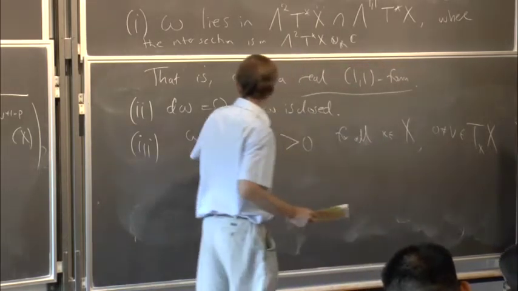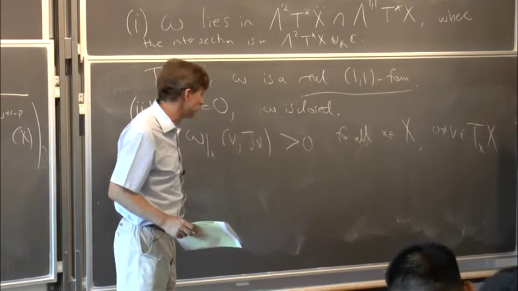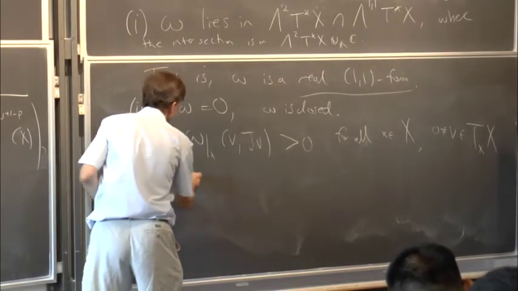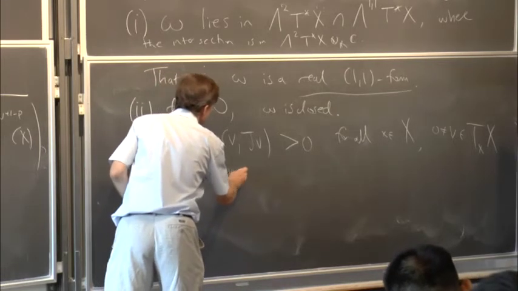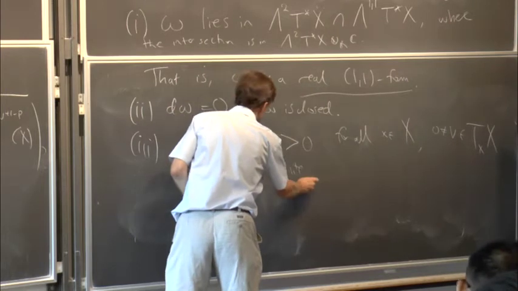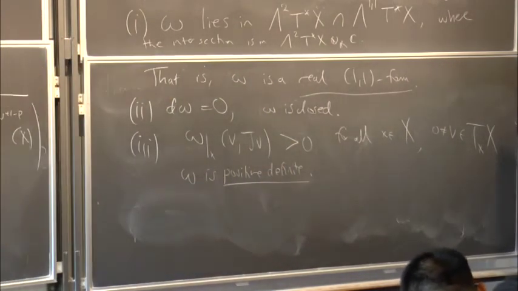So for every non-zero vector, ω(v, Jv) has to be positive. So that's the positive definite condition. So we say omega is positive definite. Okay, so those are necessary and sufficient conditions for omega to give you a Kähler metric back.